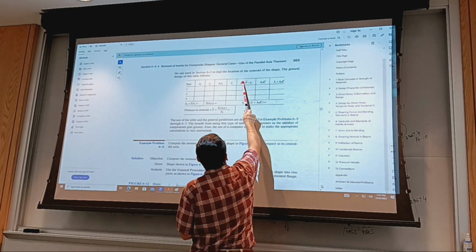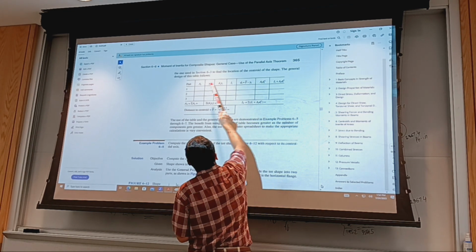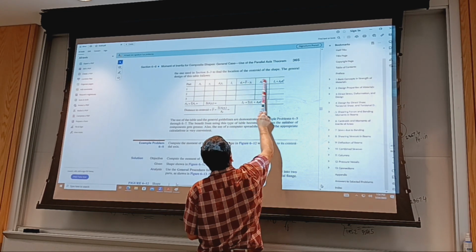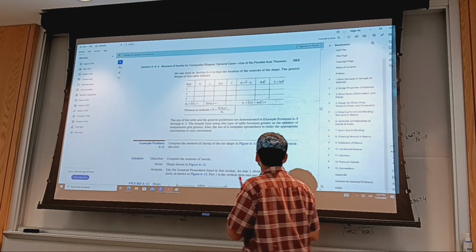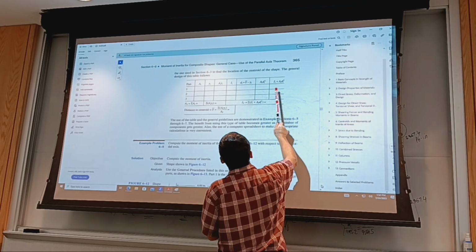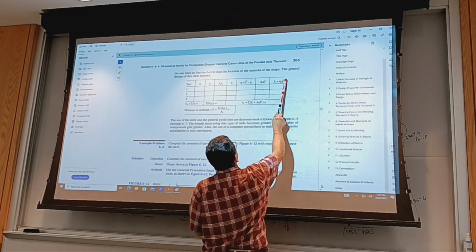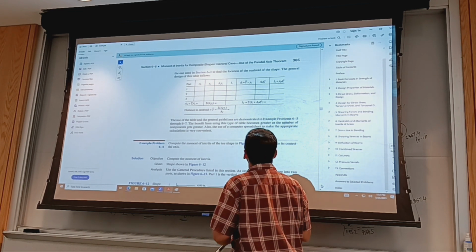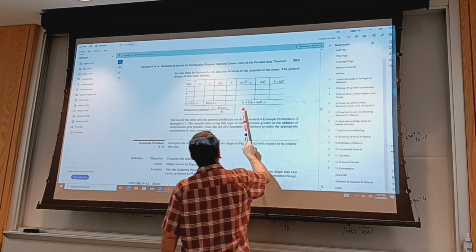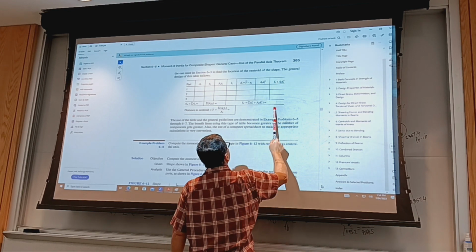These are the values. And then you multiply with the area, and you square it, multiply with the area. Okay. And then it shows the full parallel axis theorem. So this plus this gets you this. And then finally, to calculate the total moment of inertia, you sum this last column.